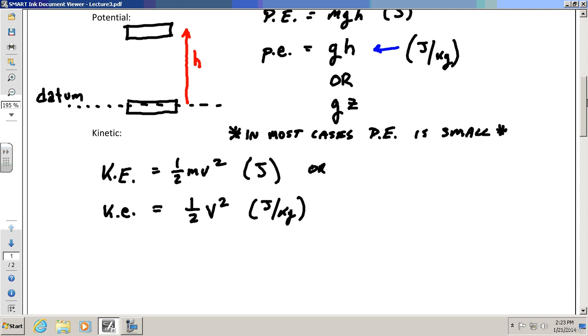Of course, this could be BTU, and this could be BTU per pound mass. This second equation, just 1/2 v squared, throws off some students because they're not used to kinetic energy just being 1/2 v squared. It looks a little odd, but if you divide out the mass, it is.